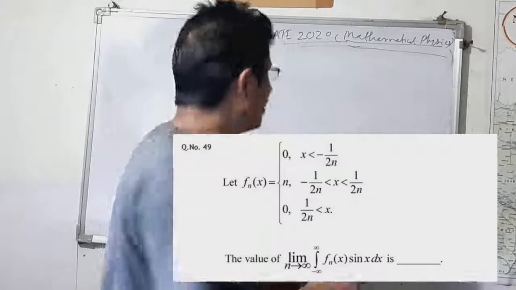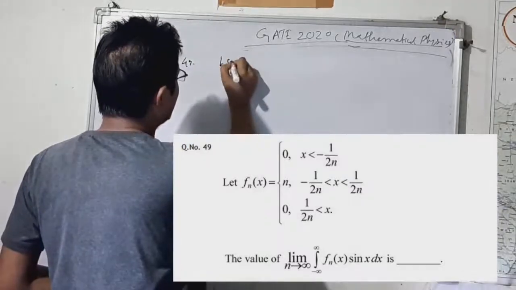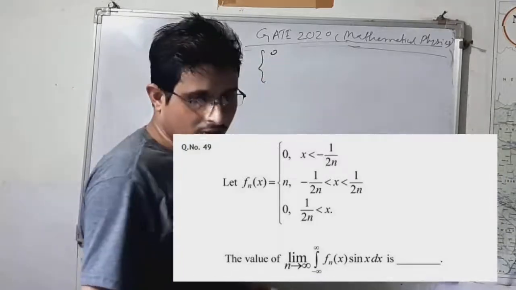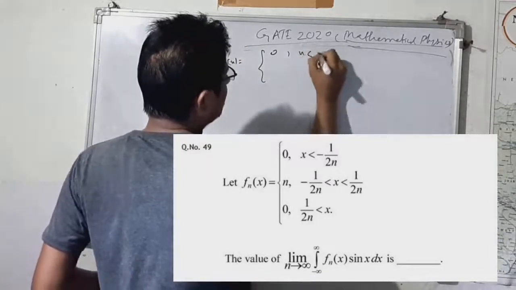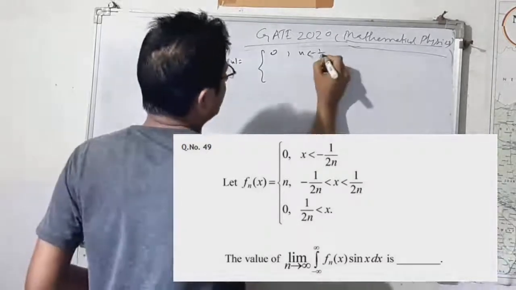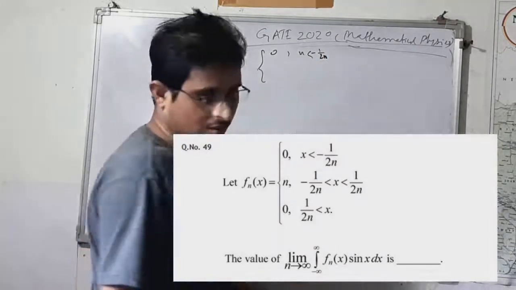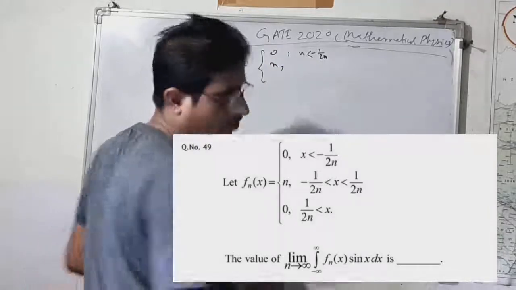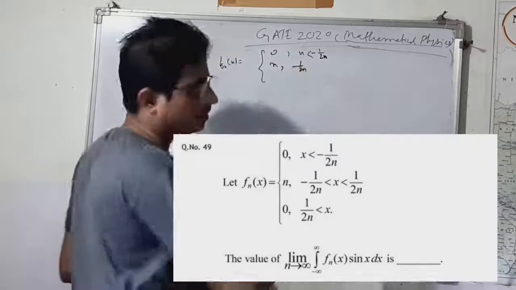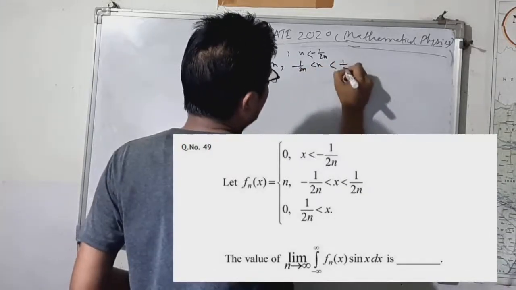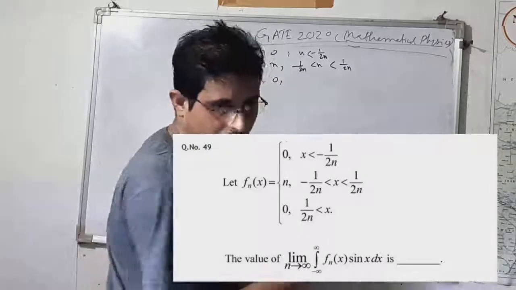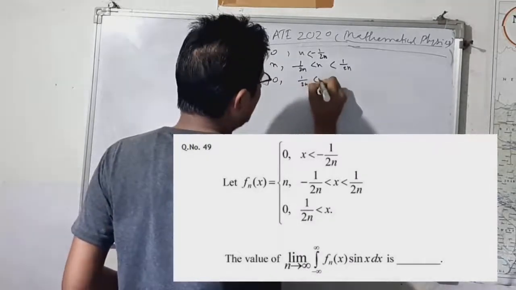So it gives a function f_n(x), its value 0 for x less than minus 1 by twice n, it gives n for minus 1 by twice n less than x less than 1 by twice n, and 0 for x greater than 1 by twice n.